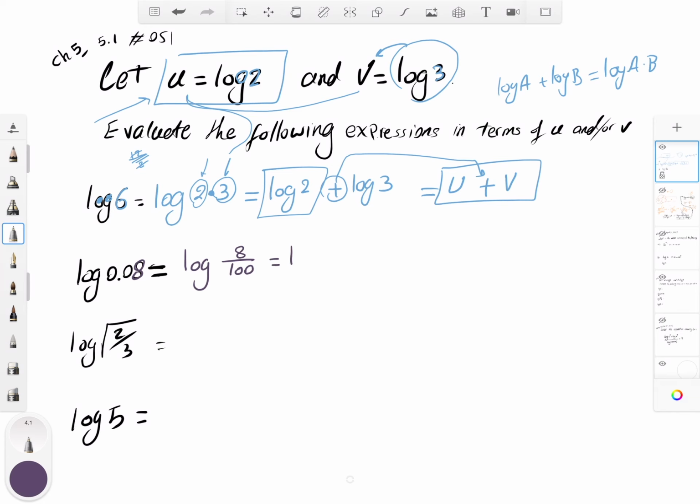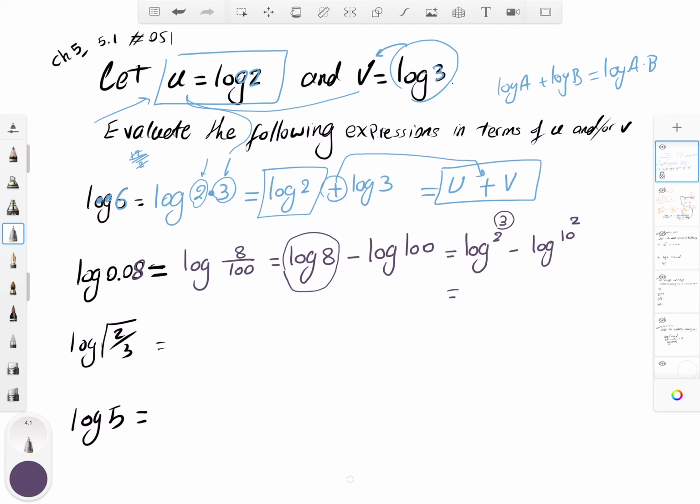This is same as log of 8 minus log of 100. Log of 8, this is same as, instead of 8, I can put 2 to the power of 3, minus log of 10 squared. 100 is 10 squared.